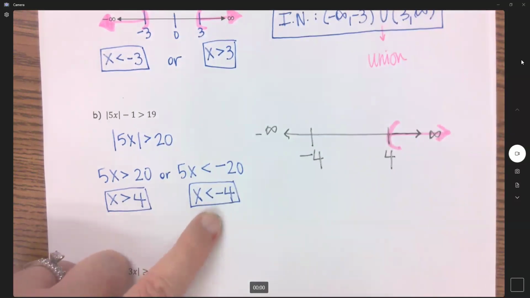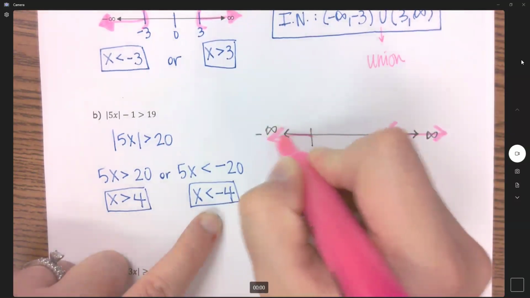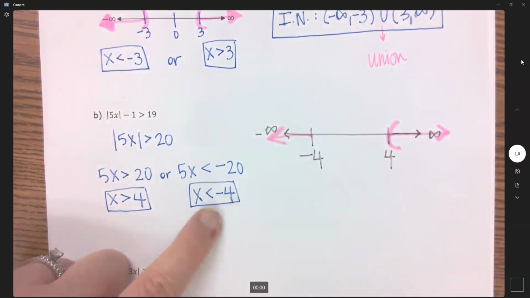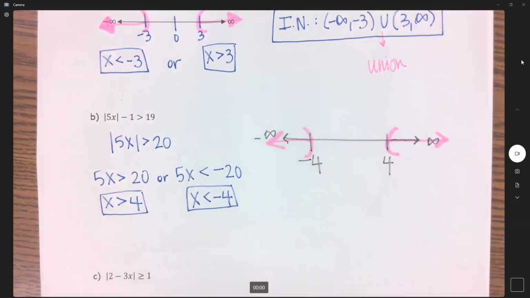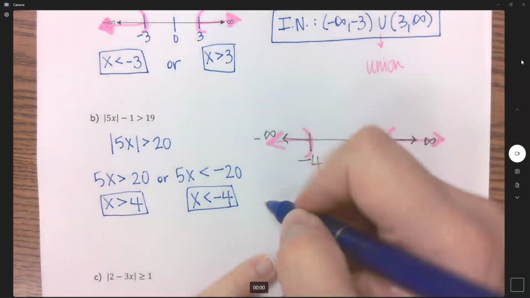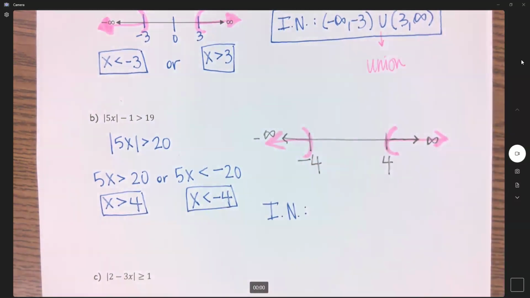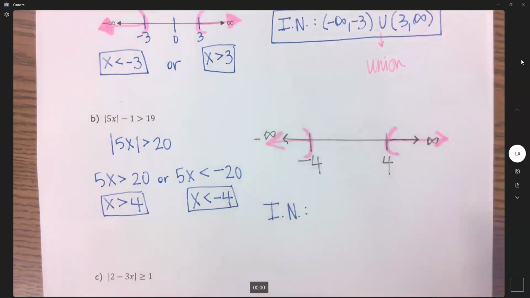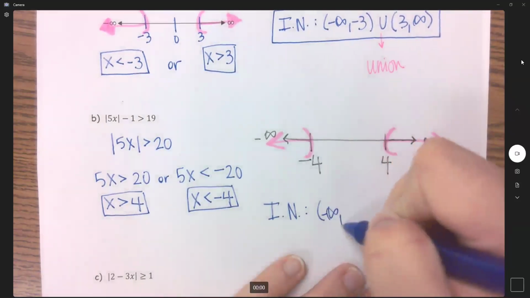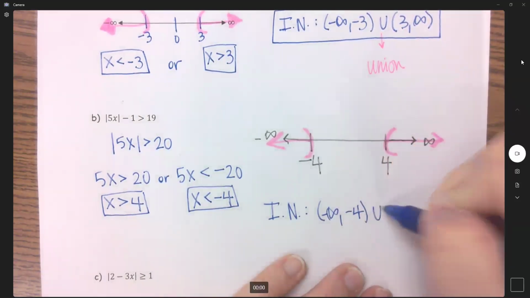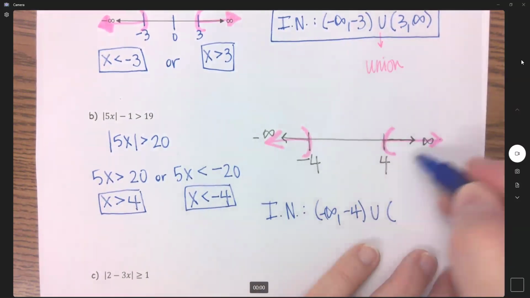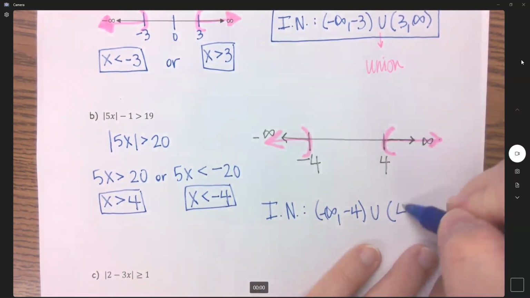Here we have everything that is less than -4, and it's less than, so parentheses. So in interval notation, we need to talk about these two different shaded regions separately. This one is -infinity to -4, and then the union in between, this one represents 4 to infinity.